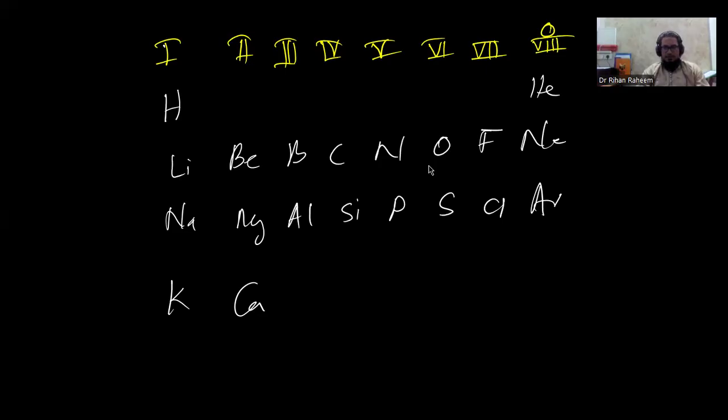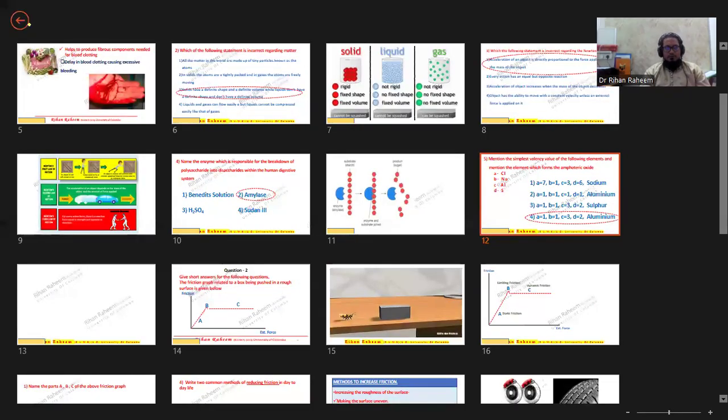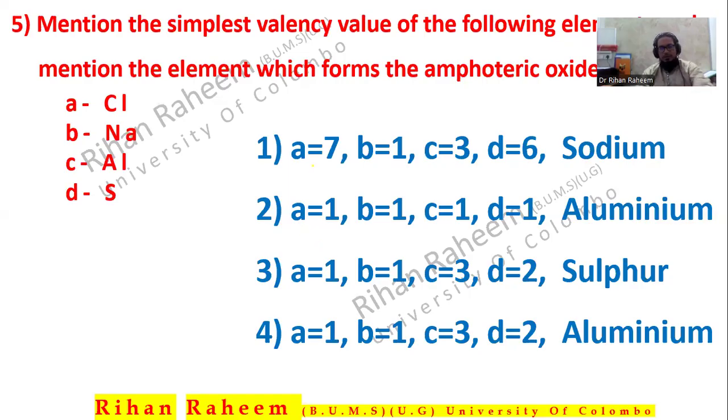Yesterday she made a nice periodic table, a big whiteboard, pasted it on the wall and sent a photo. Good, like that you have to put in the effort. You have to make studies interesting. And this is the first period, second period, third period, and the fourth period. Ayyo, it went off. Give me a minute. Quickly, I'll write it again.